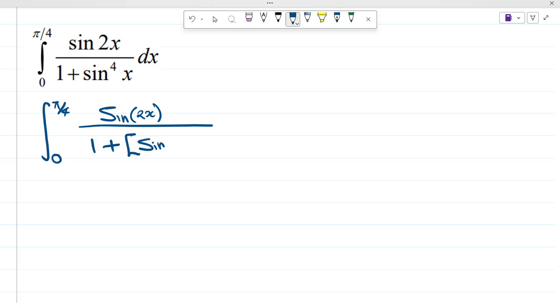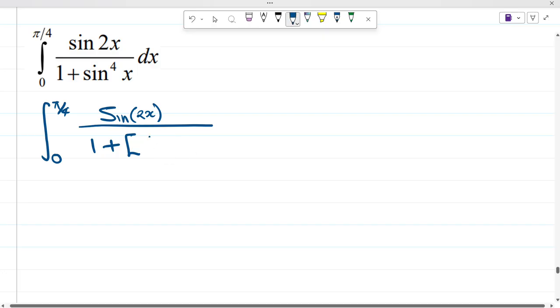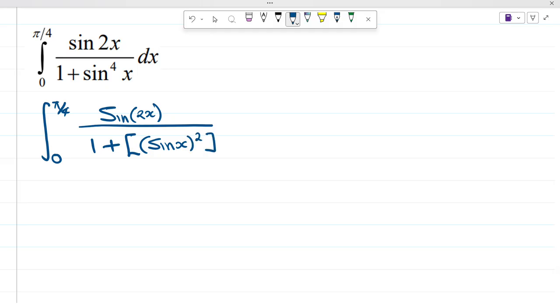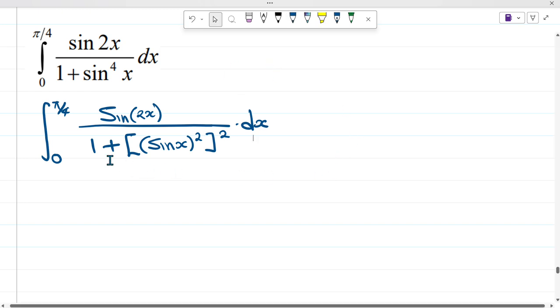So this is going to be sine squared of x, let me write this like this so that I don't face troubles. Now I've managed to rewrite this in a nice way, that could be interpreted nicely.